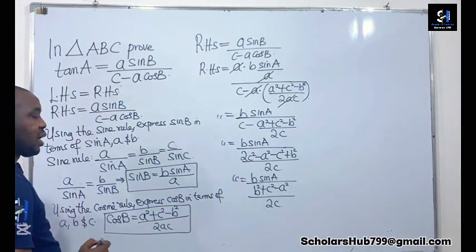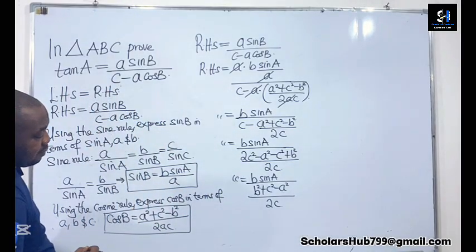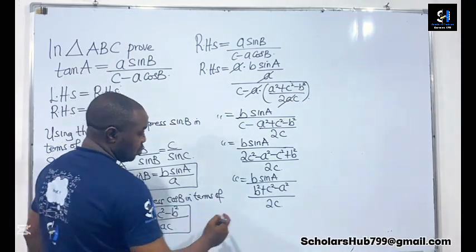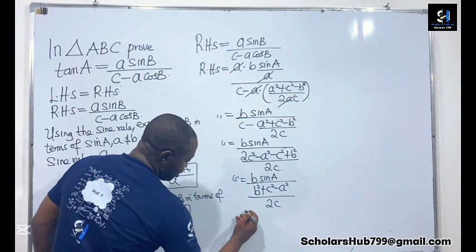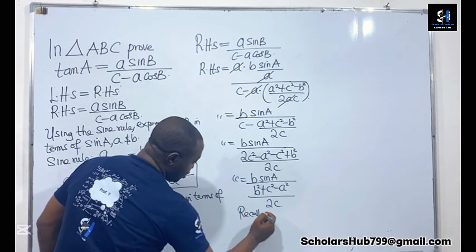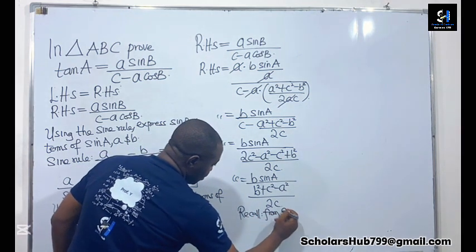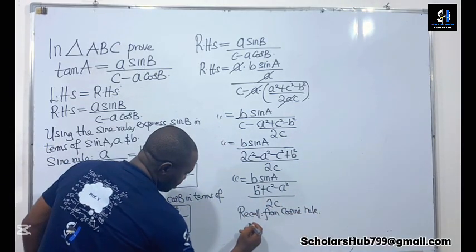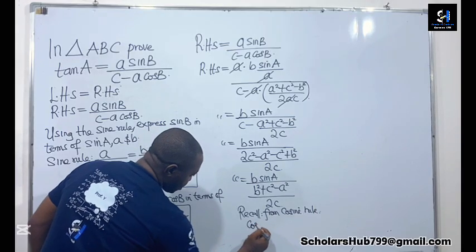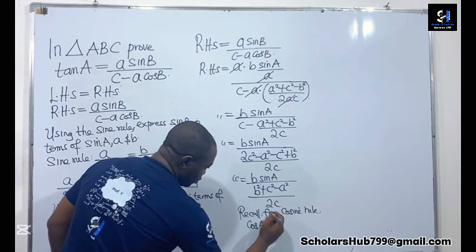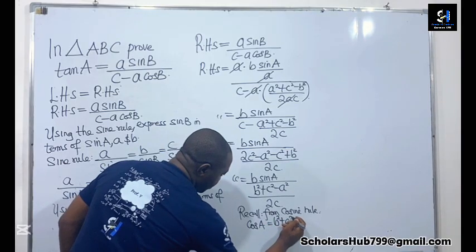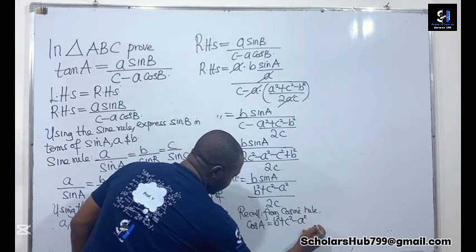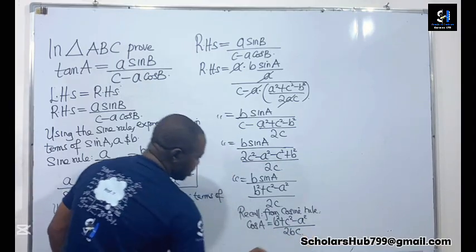Now, with what we have here, I'm going to recall again from the cosine rule that cos A will be equal to b squared plus c squared minus a squared divided by 2bc.